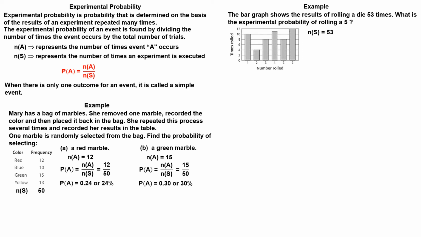The bar graph shows the number 5 was rolled 8 times. Take the formula. The probability is 8 over 53, or 15%.